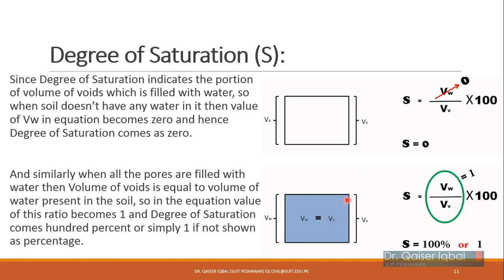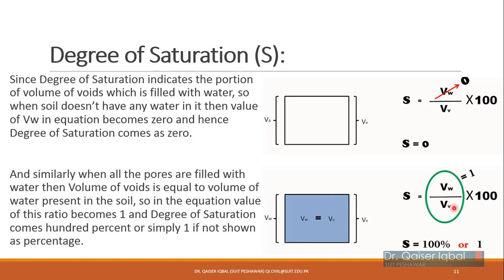Similarly, when all the voids are filled with water and there is no air, see over here all the voids were filled with air. Over here all the voids volume is filled with water and VA is equal to 0. So in this case, volume of voids is equal to volume of water.